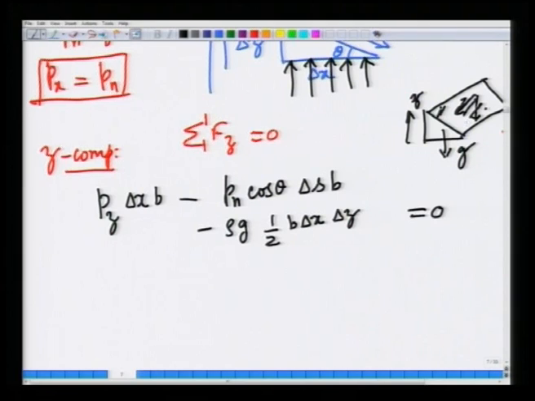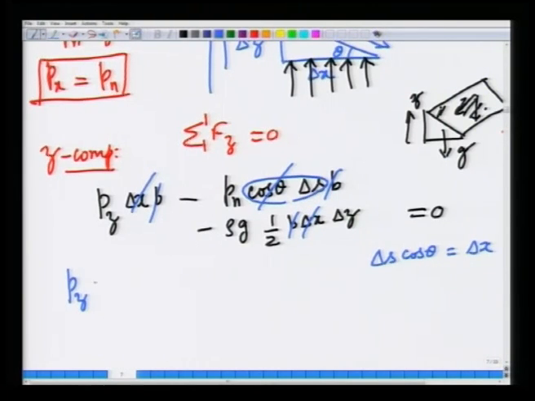We can cancel B right through, and by geometry delta s cos theta is delta x. So, we can cancel these to give P z minus P n minus rho g delta z by 2 is equal to 0.